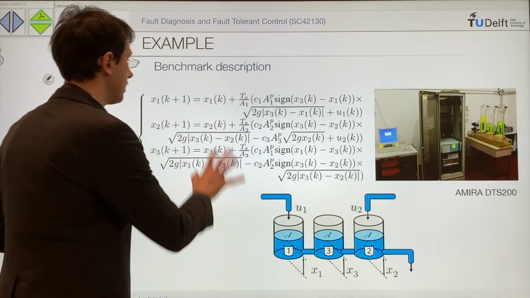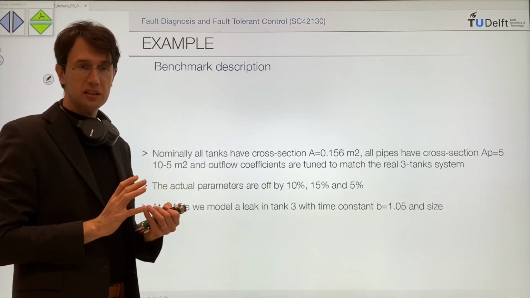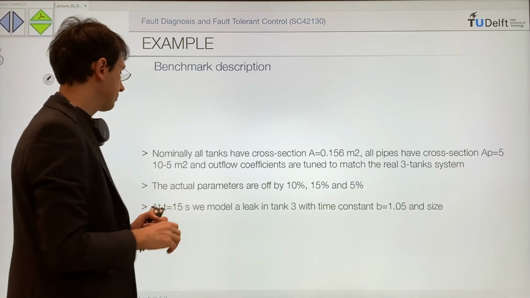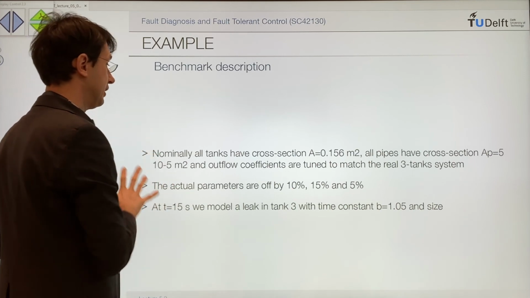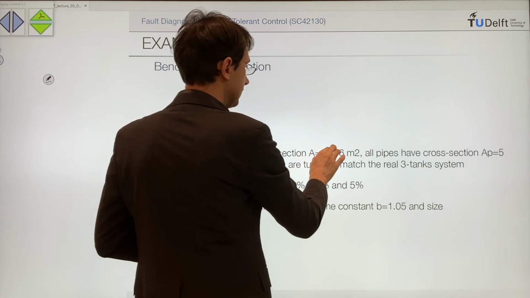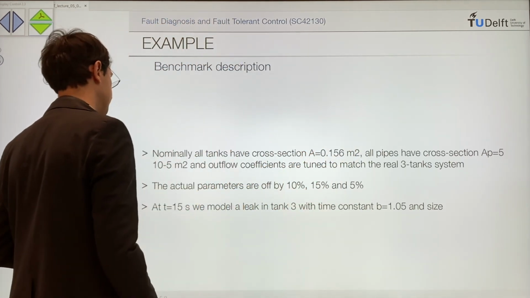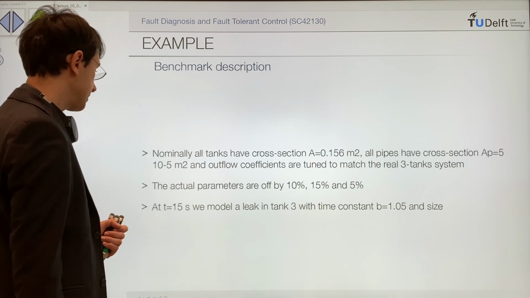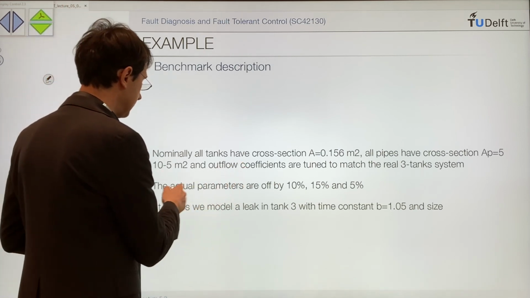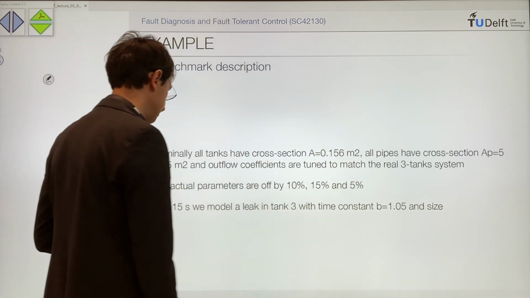Okay, so once you have these equations, you can introduce uncertainties, and we are considering parametric uncertainties. So we know the nominal value of tank and pipes cross-sections and outflow coefficients of the pipes, but the actual parameters are off by 10, 15, and 5%.